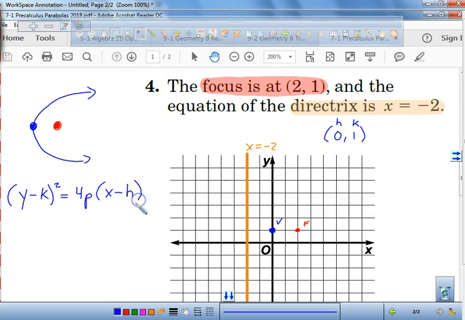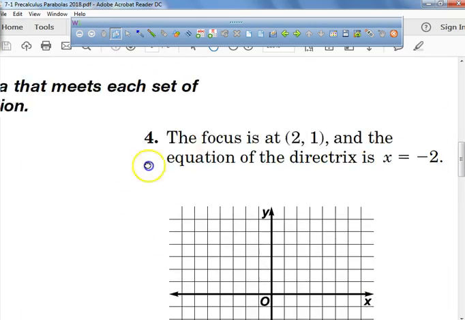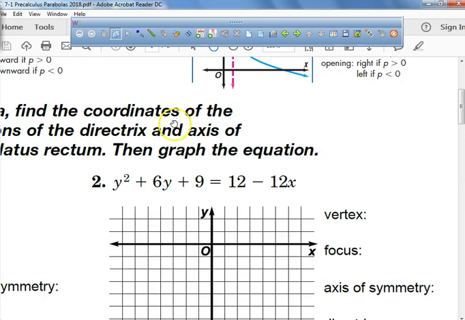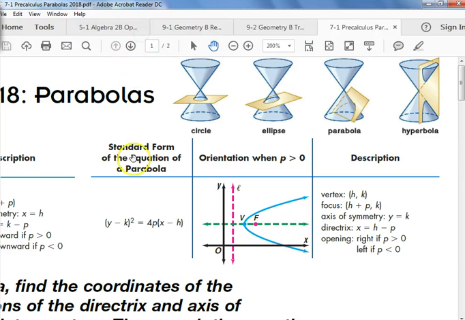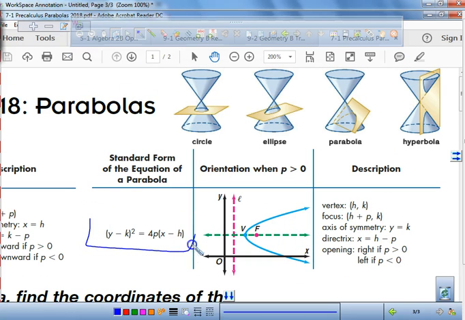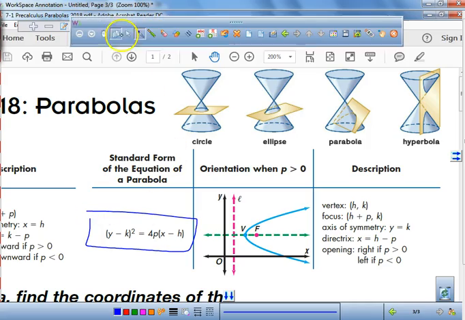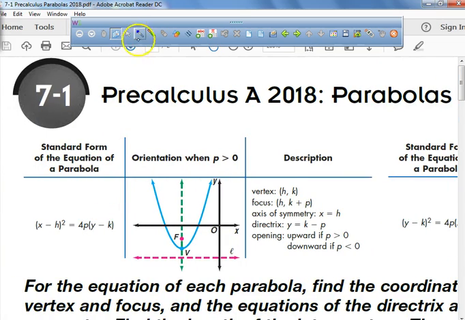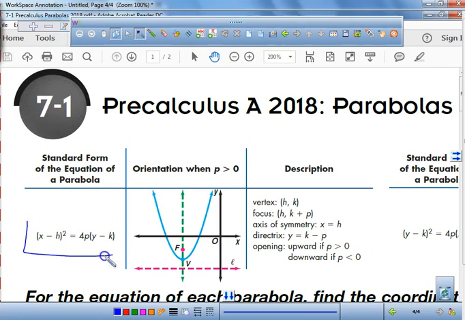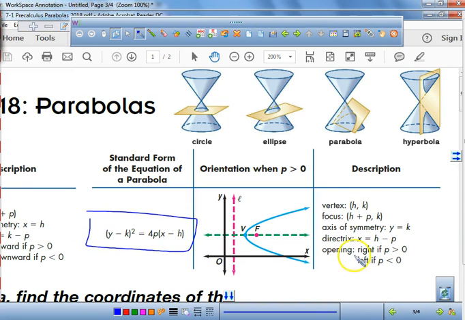Now, if you're wondering where the heck I'm getting this formula, let me show you where, up here. And for those of you who weren't here yesterday, that's fine. I want you to understand, when I know it's opening to the right or to the left, I know I have to use this formula. When it opens up or down, I know I have to use this formula. So it's either this formula or it's this formula.